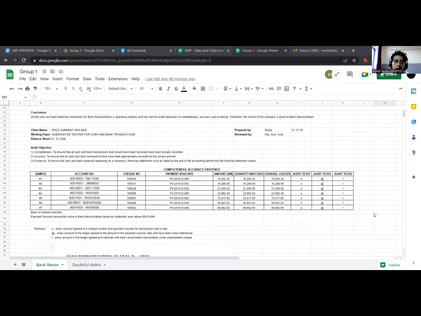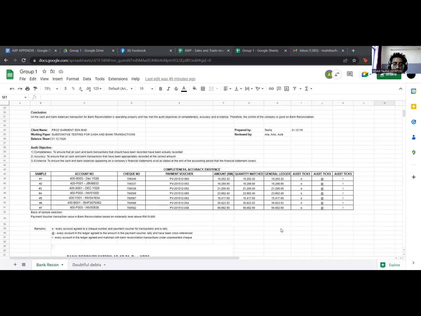Moving on to substantive testing for cash and bank transactions for both of the banks, the audit objectives are the same as the previous one, which are completeness, accuracy, and existence. We have 7 different samples, and the basis of sample selection is payment voucher transaction value in bank reconciliation above the materiality level of 10,000.